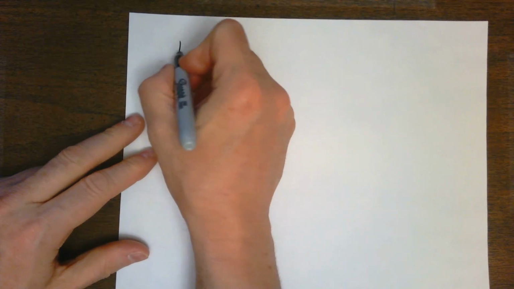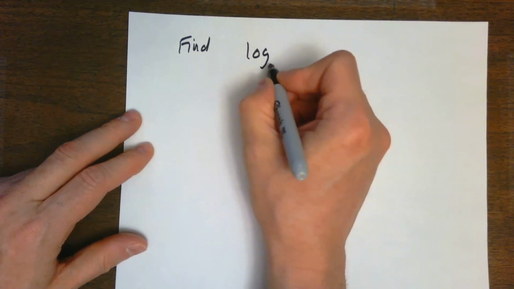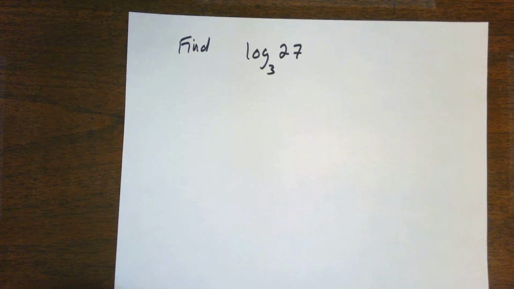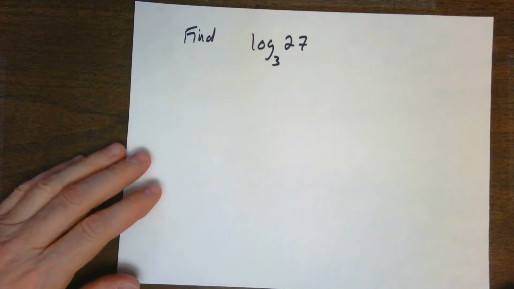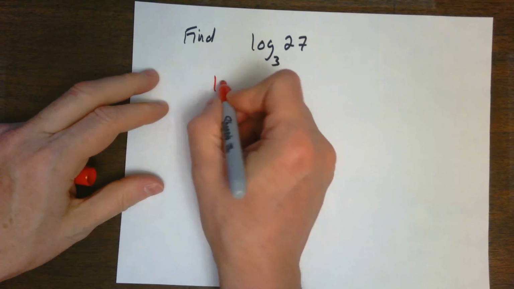So for example, if I want to find what is log base 3 of 27. Yes, we could do this on the calculator, but I don't want to do it without the calculator. And here's the way I'm going to do it. I'm going to set it equal to x.